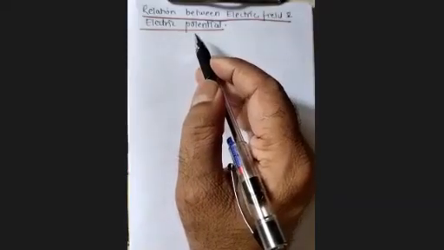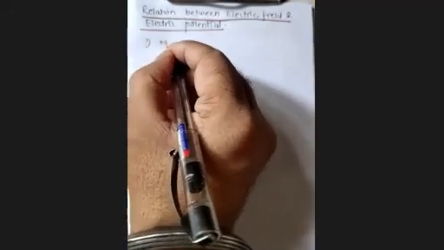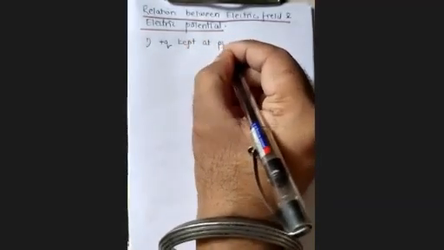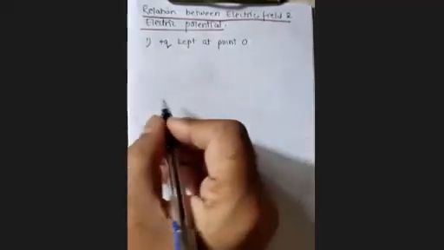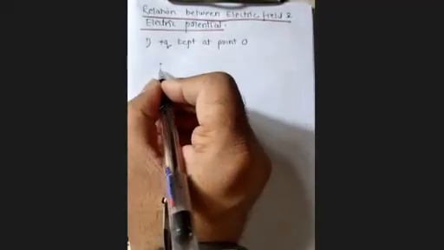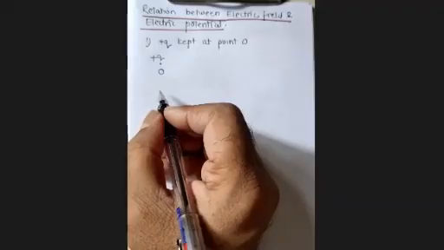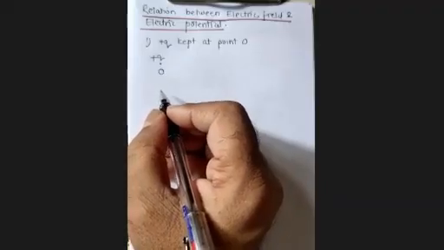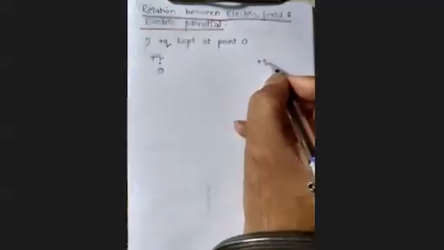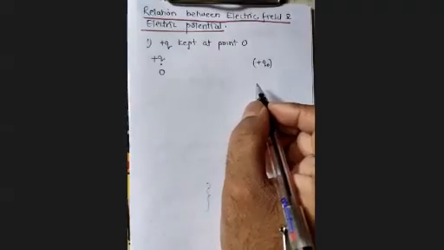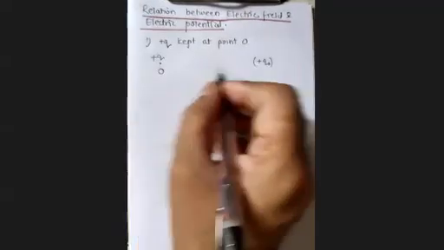Now, if we consider an electric field produced by a charge Q, which is kept at point O, and a unit positive charge Q naught is present in the vicinity and is moved towards the charge.